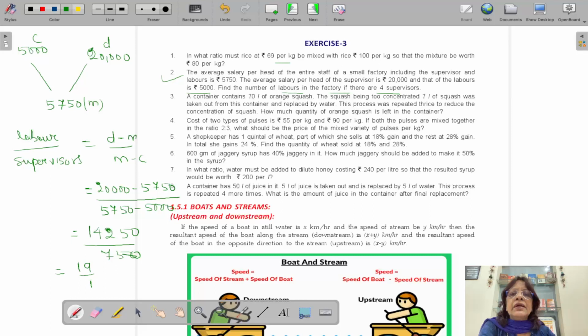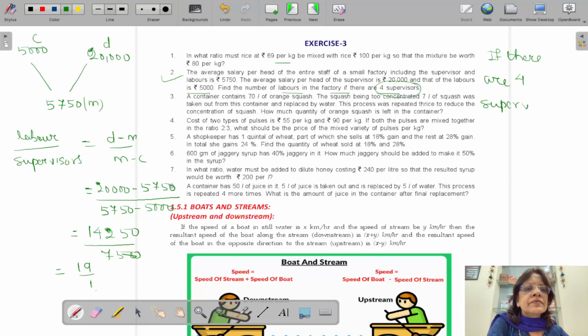Now what does it say here? Find the number of laborers in the factory if there are 4 supervisors. For one supervisor there are 19 laborers. So if there are 4 supervisors, how many laborers?